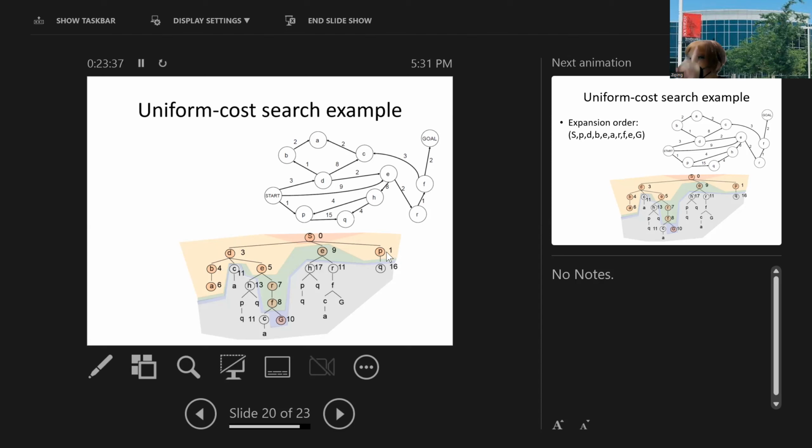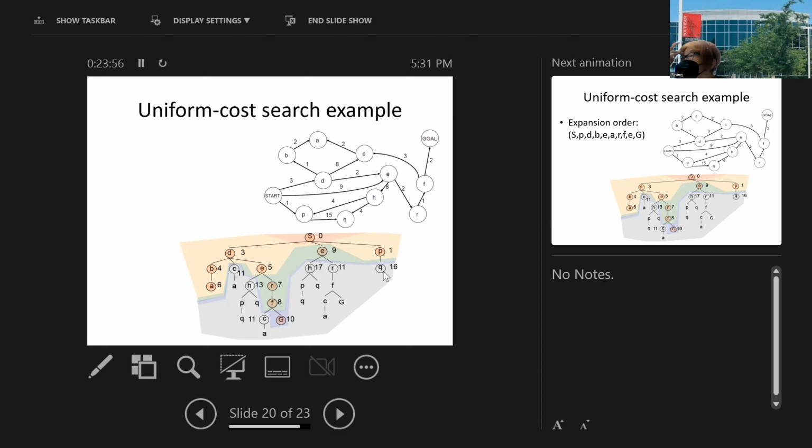Because P is in the front of the queue, you're going to take P out and expand it. So who is its neighbor? The neighbor is Q. Now for Q, what is the cost to Q? 1 plus 15, so that's why here it is 16.